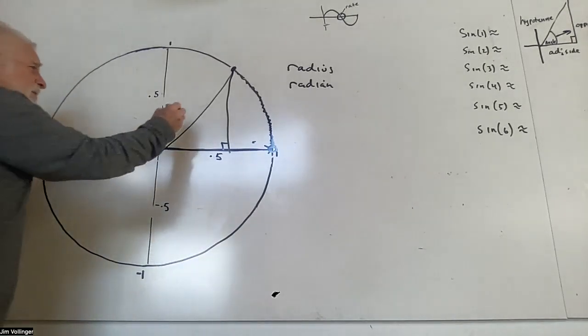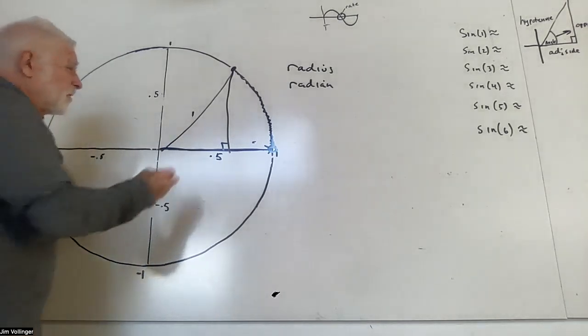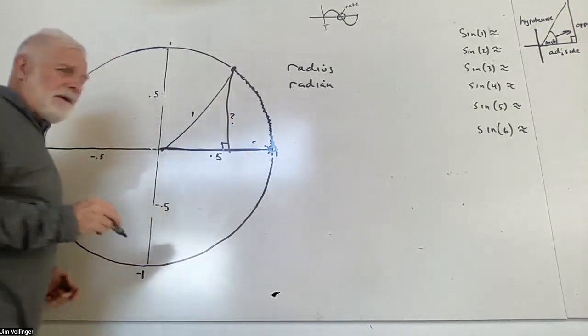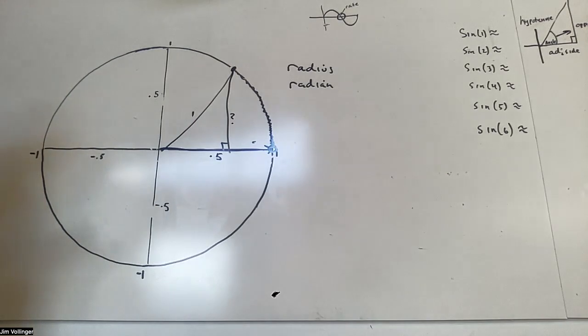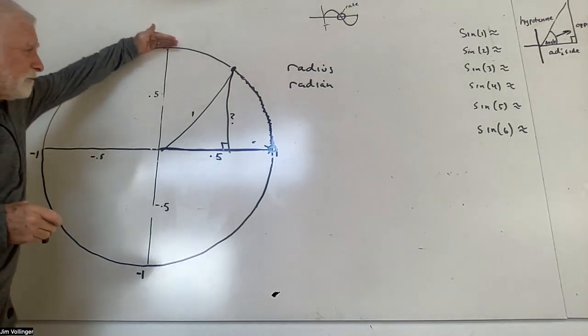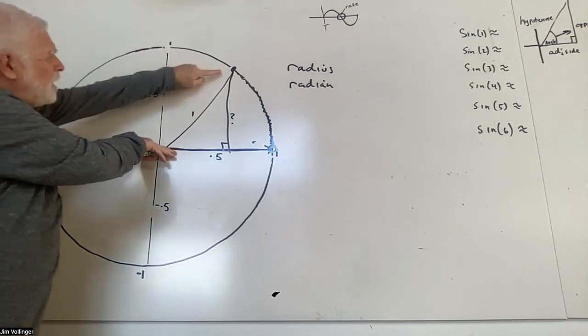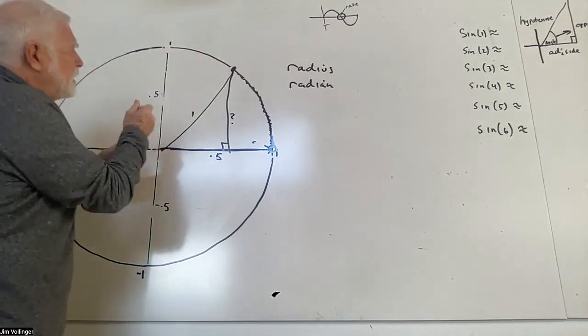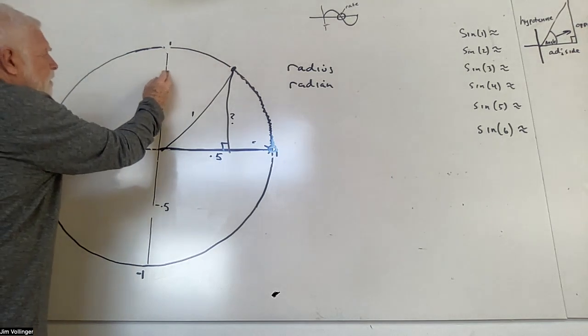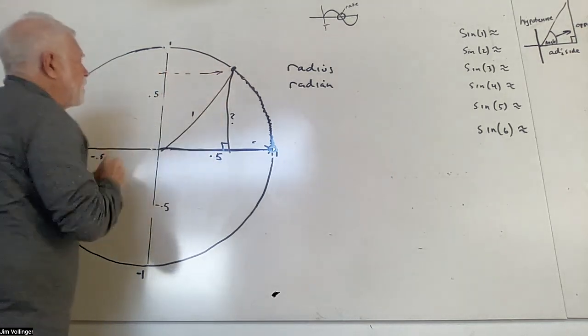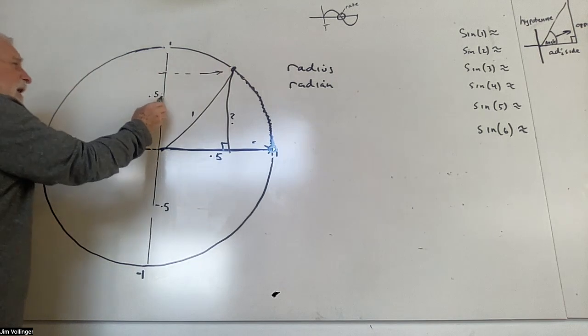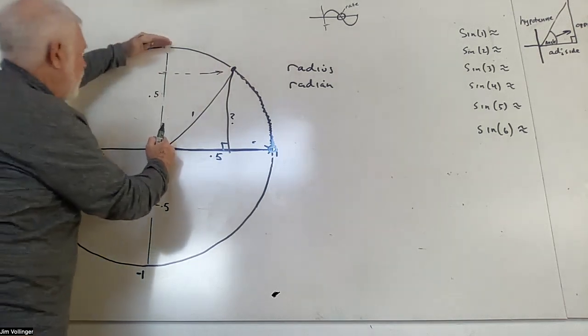If the hypotenuse is always going to be 1, then we're really looking for that amount. We know that amount is 1, and we know this is 0. So the question is, where is that? Over there. Oh, this is a height of a half. I think I had a height of a half.